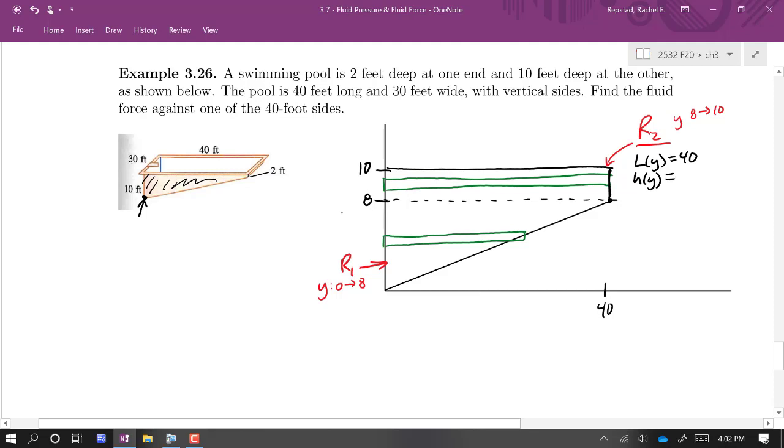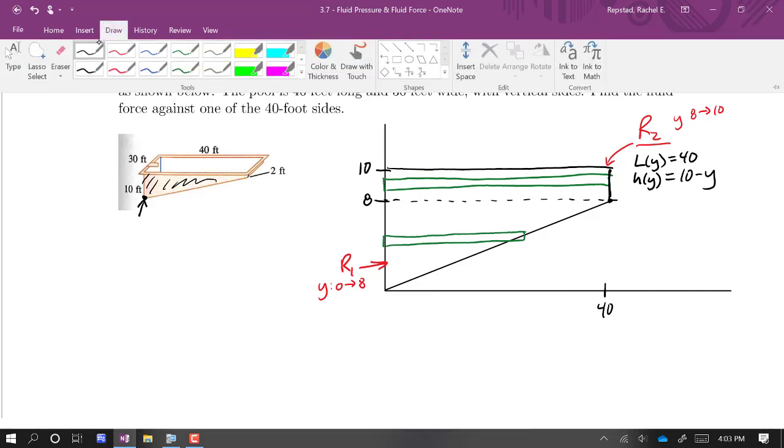Now in the other examples, we drew the axes so that the x-axis was at the surface of the water. We didn't do that this time. The surface of the water is at y equals 10. So top minus bottom is 10 minus y. And that's going to be the same for both regions, right? The surface is still at 10, and we still imagine drawing that rectangle at an arbitrary y coordinate.